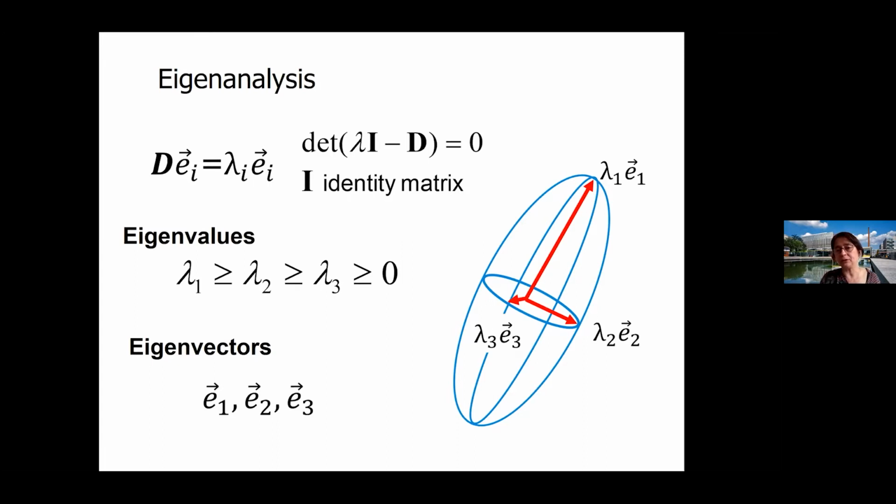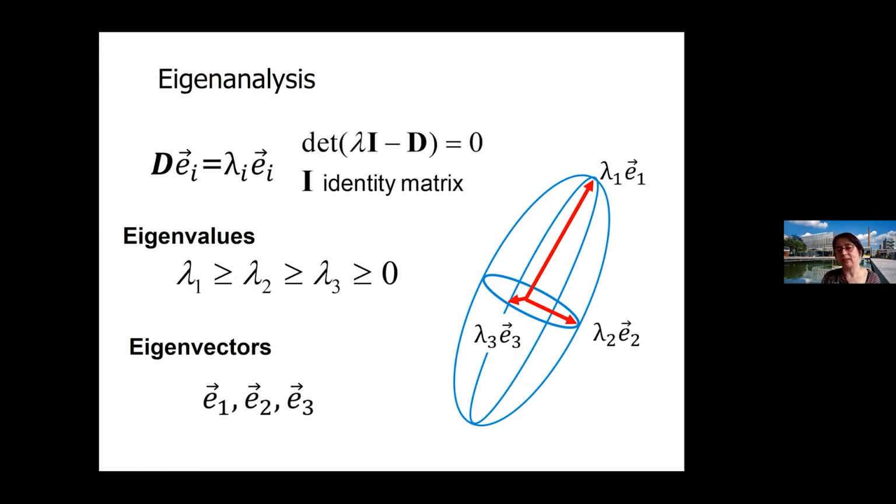And what you can analyze is that if you have your main eigenvector, the eigenvector which has the largest eigenvalue, this gives an indication of where there is the most diffusion, right? And if you remember what I talked about earlier with the glass of water, this would give you an indication of the direction of your straws.